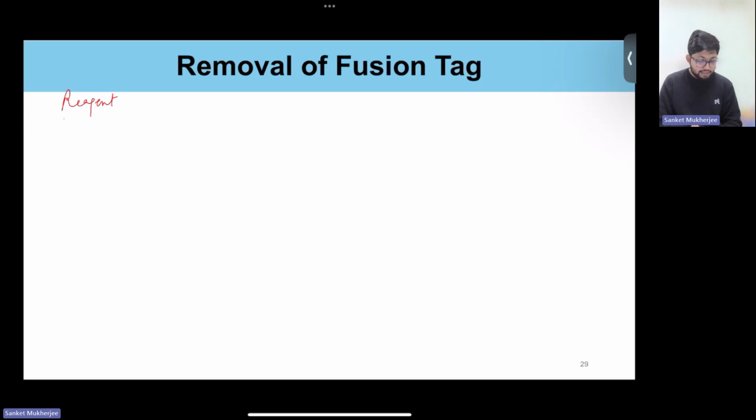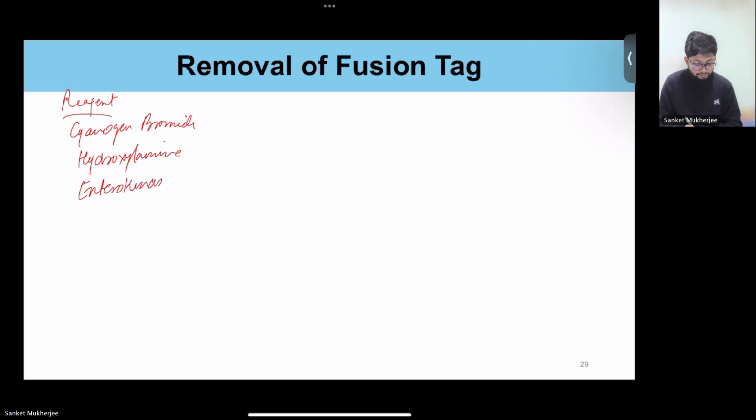So reagents are like cyanogen bromide, hydroxylamine, enterokinase, factor Xa, thrombin, trypsin. You can read about them.